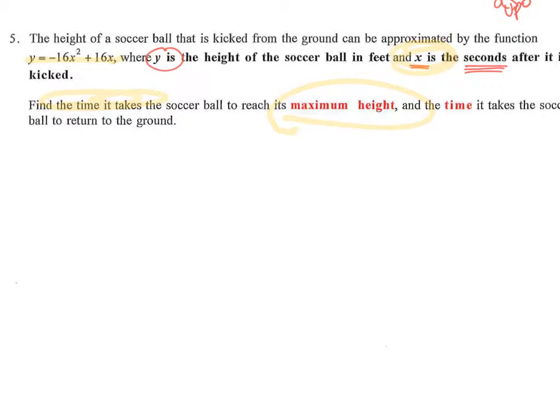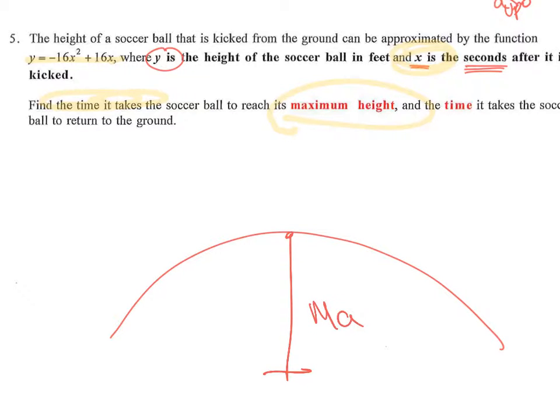If I was to look at a parabola that was like this, the maximum height is going to be located at this point right here, which is called what point of the parabola? The vertex. Very good. The maximum height is the maximum or the vertex.